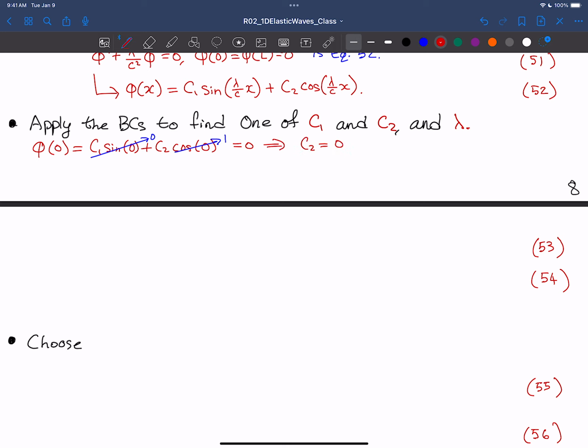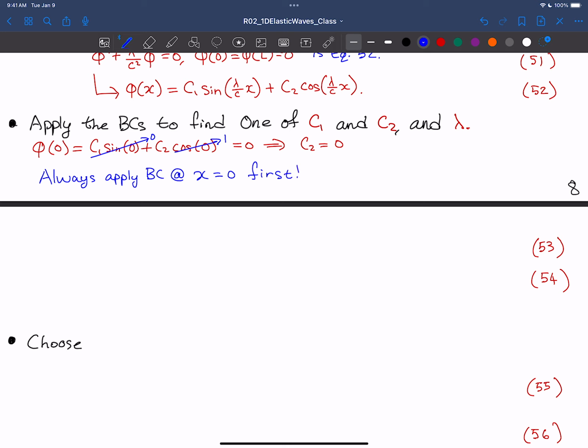The reason you always want to start with x equals 0 is that you tend to end up eliminating one of the constants, especially if it is a simple boundary condition. So let's just add a note here. Always apply boundary condition at x equals 0 first.